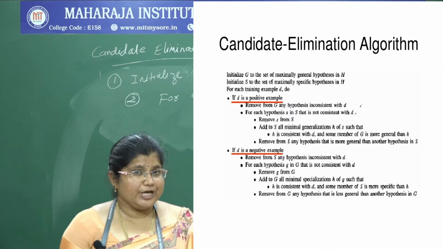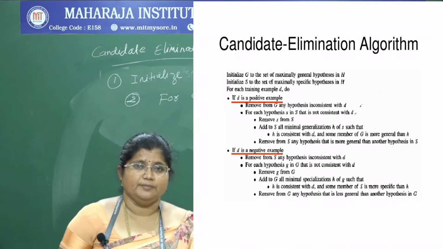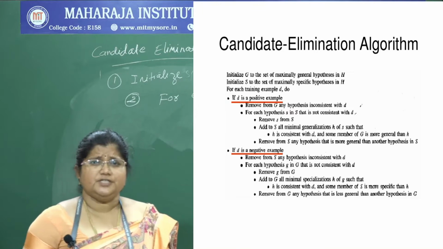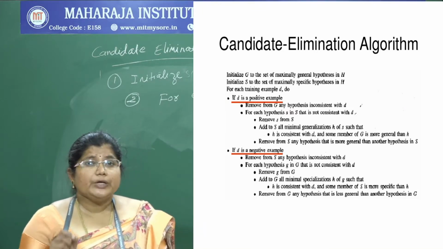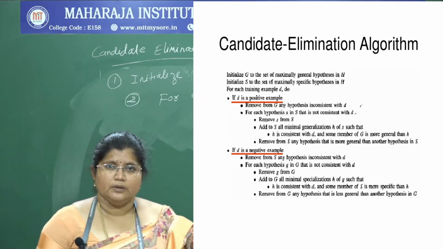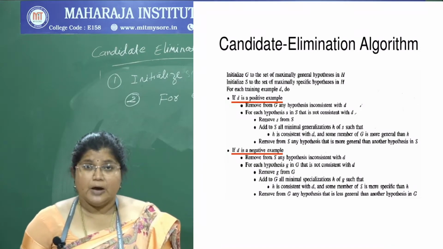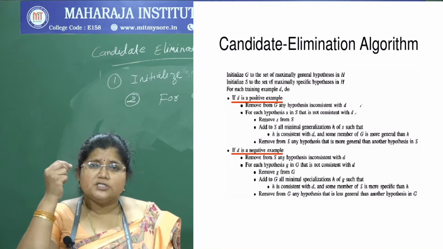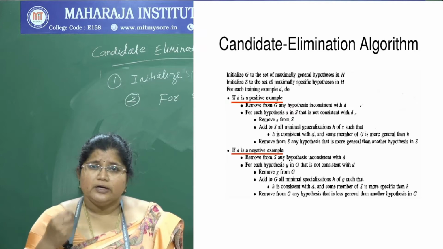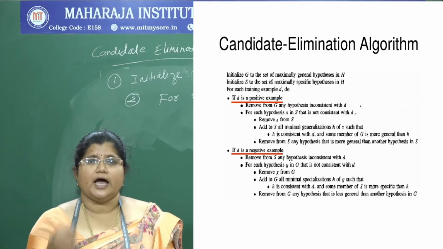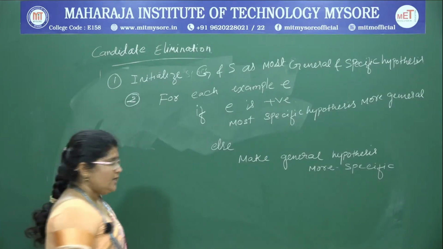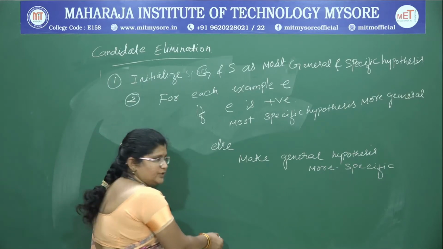In the very first stage, the first step is we need to create a boundary. That boundary is between the most specific hypothesis and the most generic hypothesis.